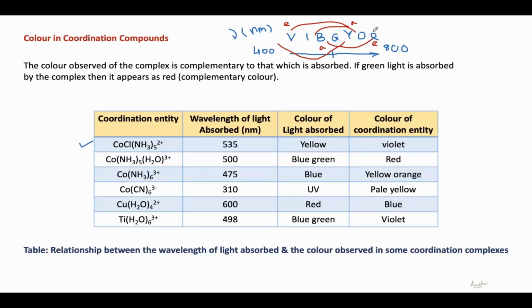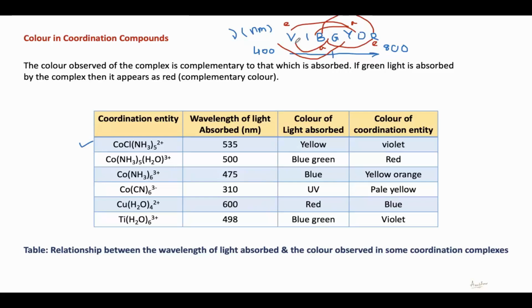The color shown is blue. And we are having this titanium 3+ complex, which is absorbing in this blue-green region. But the color of the coordination entity is actually violet. So here you can see so much mixing up between the light and the color.